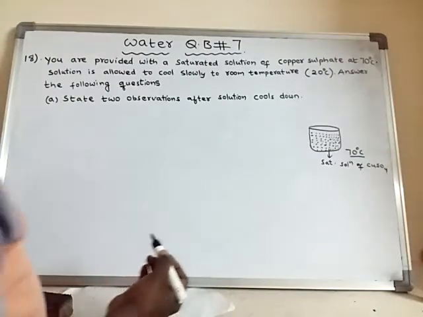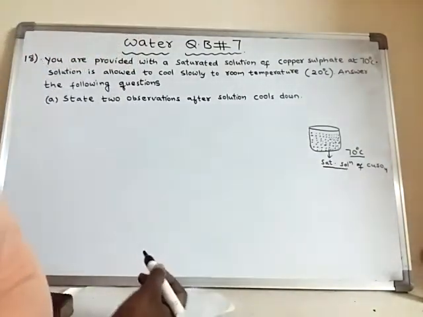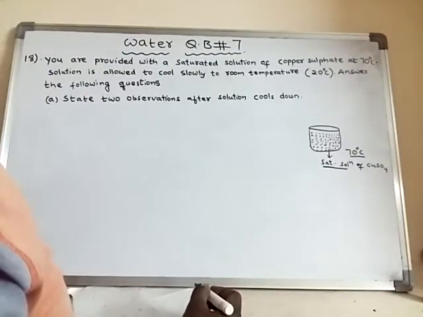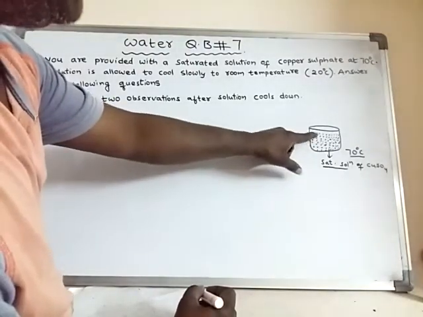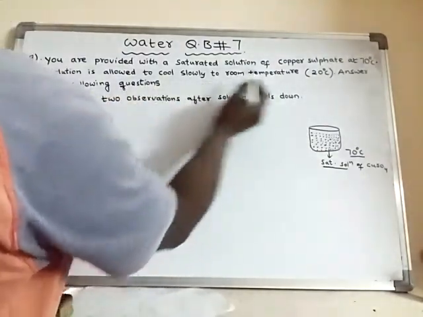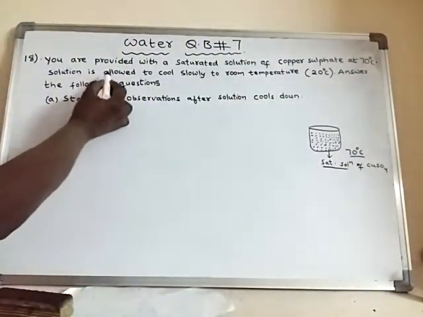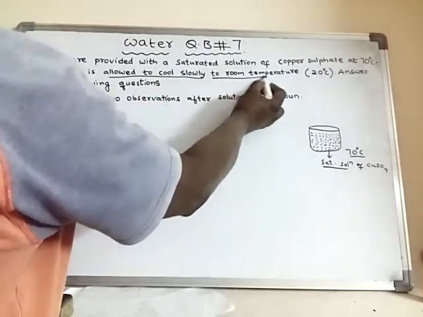Generally, remember that when a saturated solution is cooled from a higher temperature to a lower temperature, here in the question it is given as allowed to cool slowly to room temperature.